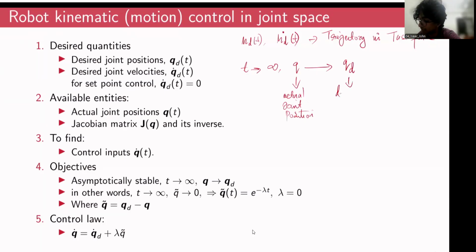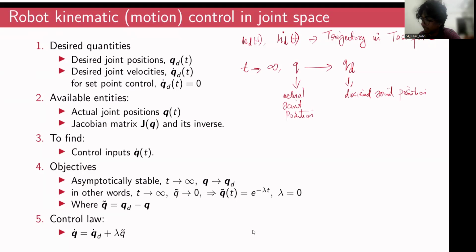I'll label this as the desired joint position. Right. So as time tends to infinity, your actual joint position should converge to the desired joint position.